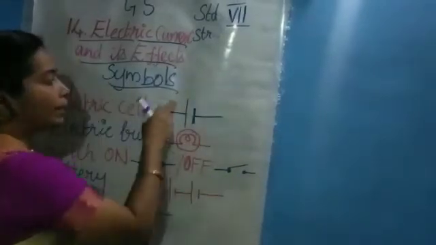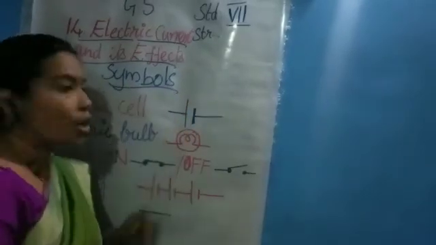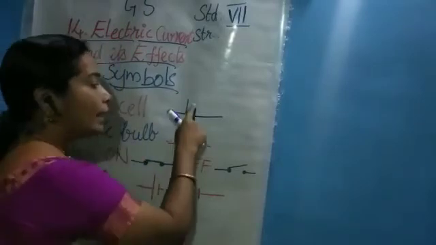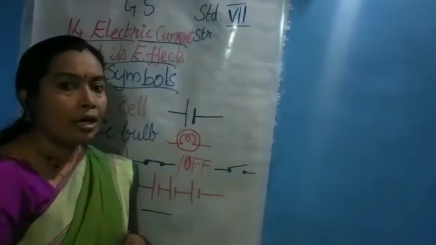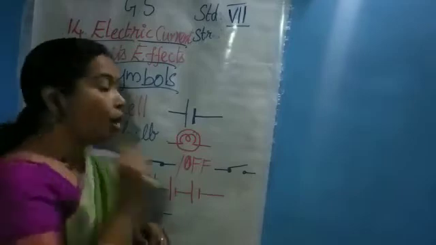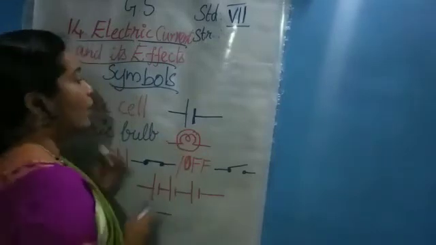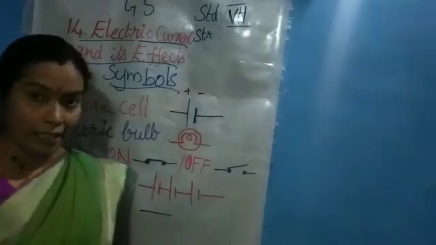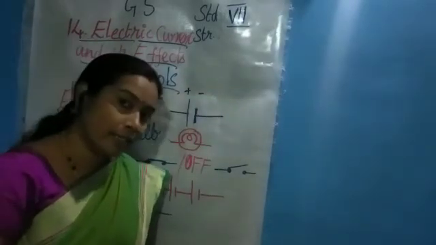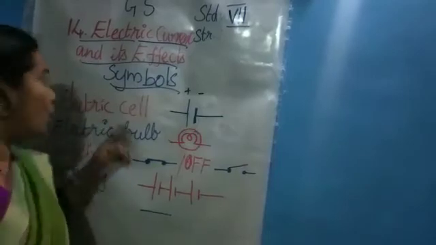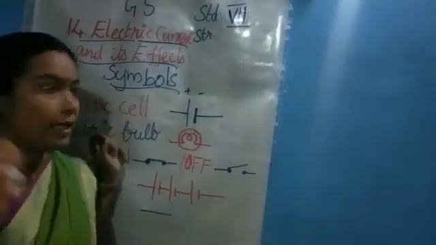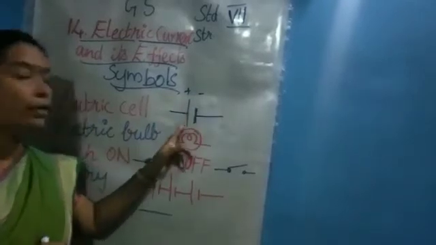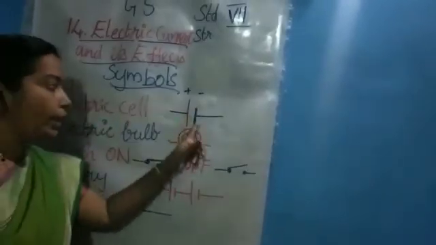Here the positive terminal is drawn as a thin long line and the negative terminal is drawn as a thick short line. Okay, and you have to write positive and negative. Is it clear? I already told you, if one cell is used, we call it an electric cell, so it contains only one positive terminal and one negative terminal.